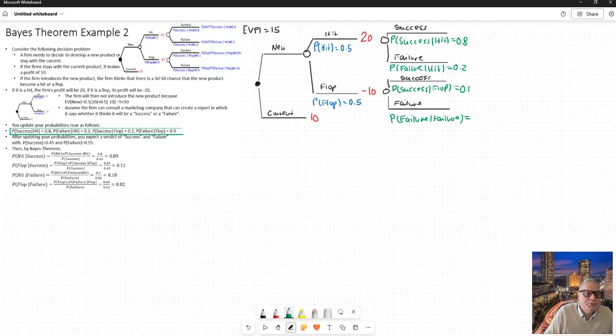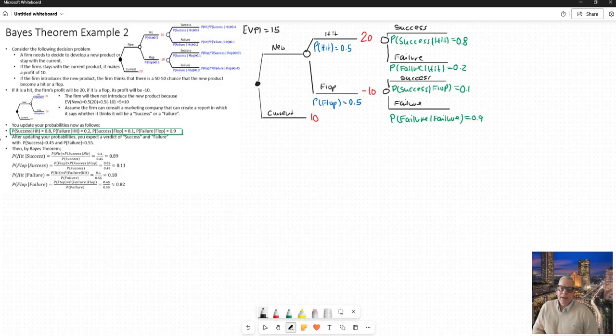Those are subjective probabilities which are given to you. So this is then here 0.9. So what you do now is you await from that consulting company a verdict. And if they come back and they say, we think it will be a success, that's good news. And what this will do is, your initial probability when you thought it will be a hit was 0.5.